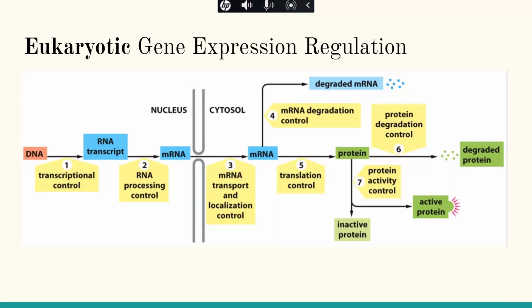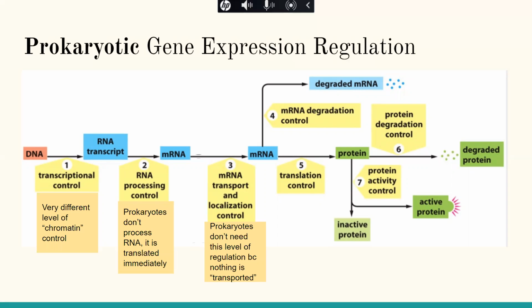It could get immediately degraded, it'll most likely become a protein, and then that protein has its own life and its own level of regulation. If you have any questions about this diagram, feel free to let me know.